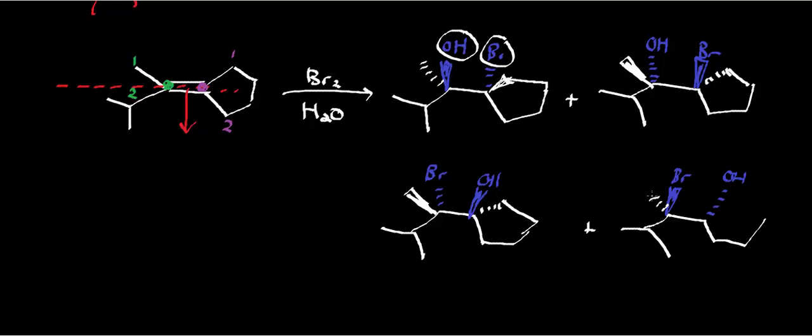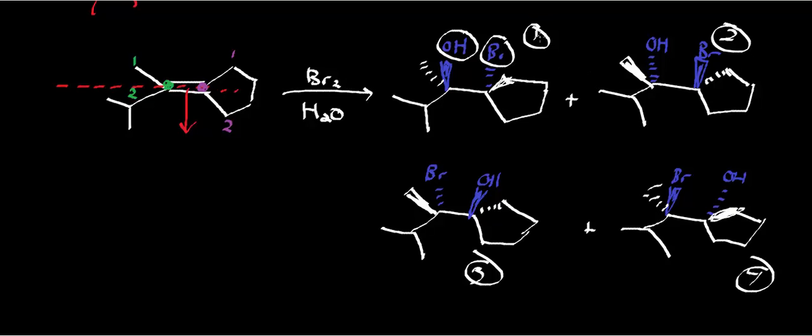And then again, methyl group on a dash, and then this is a wedge there. So what's the relationship between these two? If I was to say compound 1, 2, 3, and 4, well, between 1 and 2, those are stereoisomers, and 3 and 4 are stereoisomers of each other, but 1 and 2 are constitutional isomers of 3 and 4.